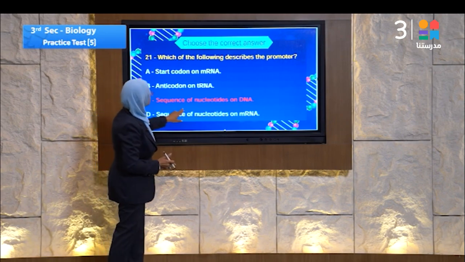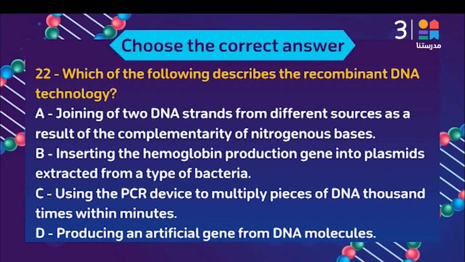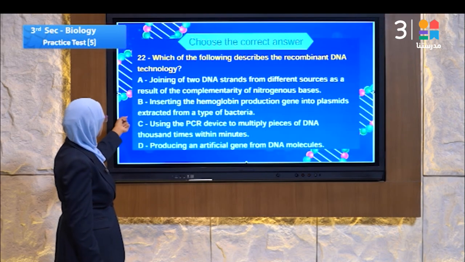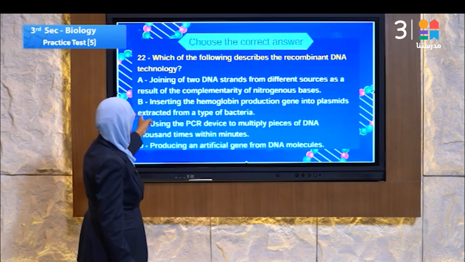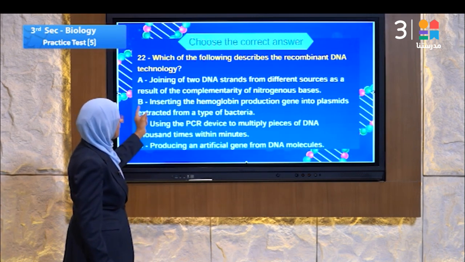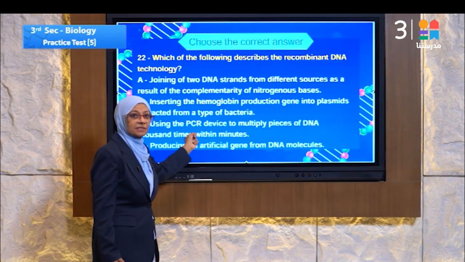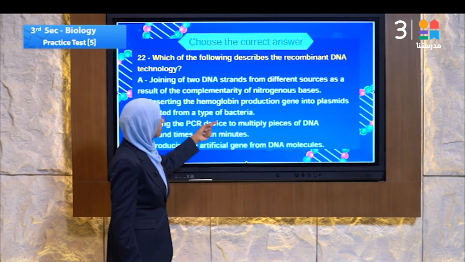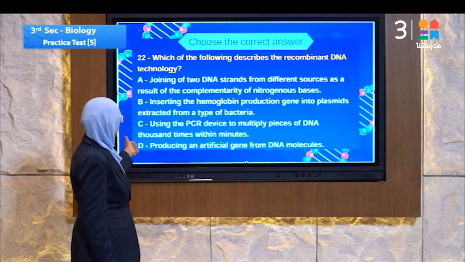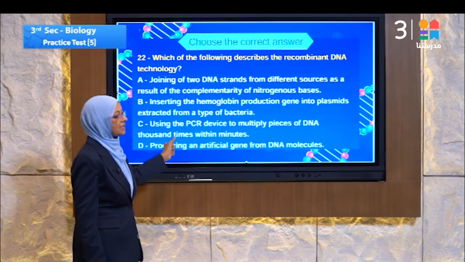Let's go to question number 22. Question number 22 describes recombinant DNA technology. Let's read the question and see. Which of the following describes recombinant DNA technology? Number A, joining of two DNA strands from different sources as a result of complementarity of nitrogenous bases. Number B, inserting the hemoglobin production gene into a plasmid extracted from a type of bacteria.